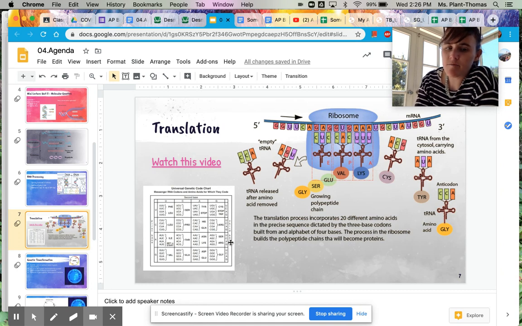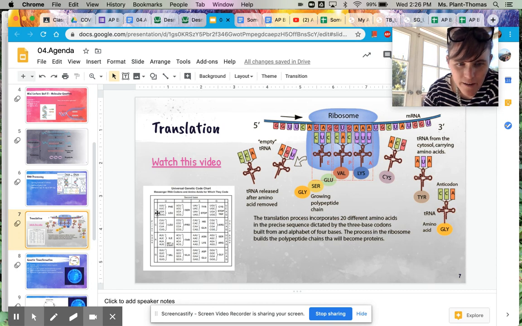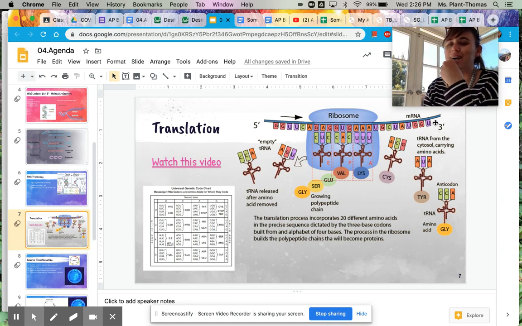And we also have this really great chart here called the Universal Genetic Code Chart, which tells you how this matching works. So for example, if we look for UUU, right there, U, and then pull over U. So we see UUU. This is the UUU that would be on the mRNA.